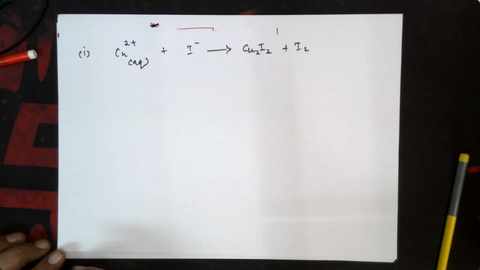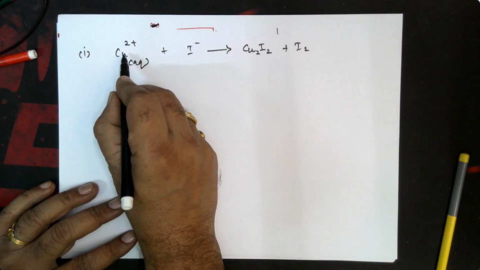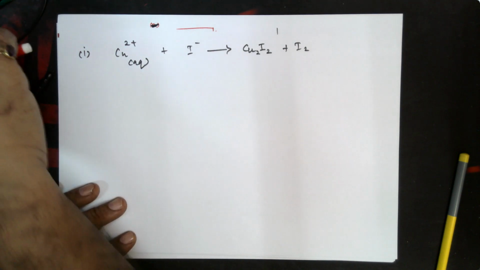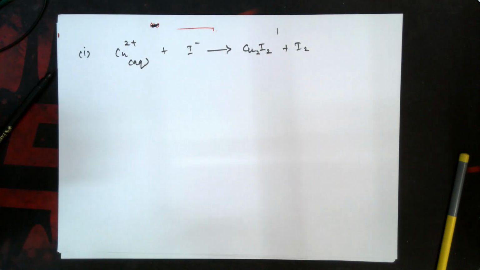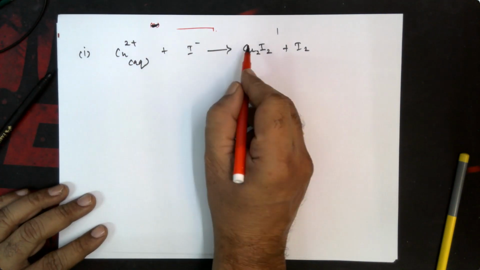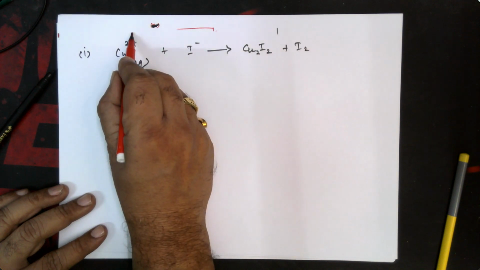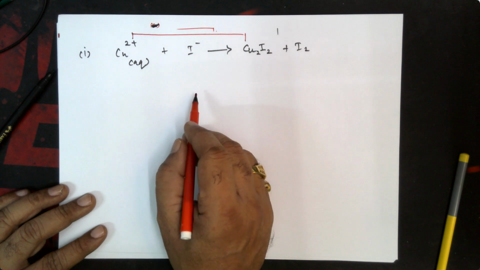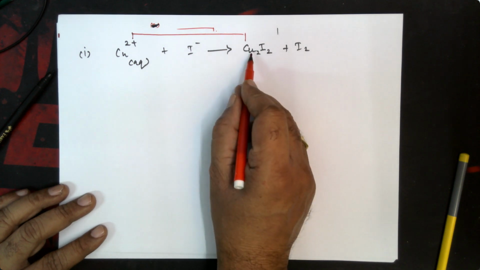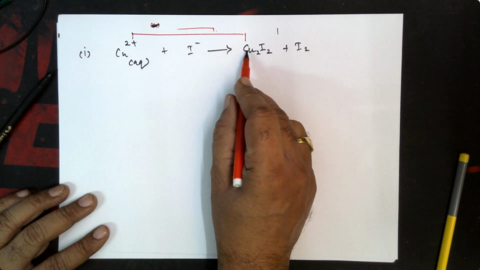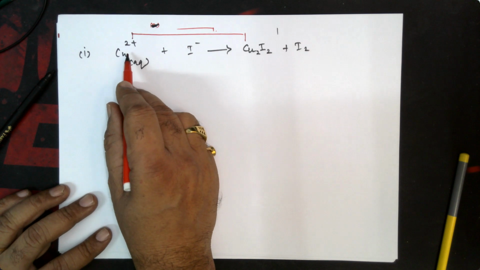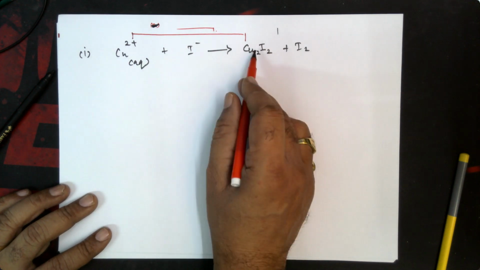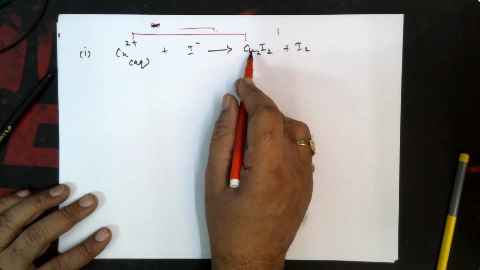Okay. Now what about copper? This is having plus 2 oxidation state. So plus 2 becomes here plus 1, is it not? Are you able to follow? Why have I put copper 1 iodide? Because it is already copper 2, so in that case it should be reduced to copper 1.